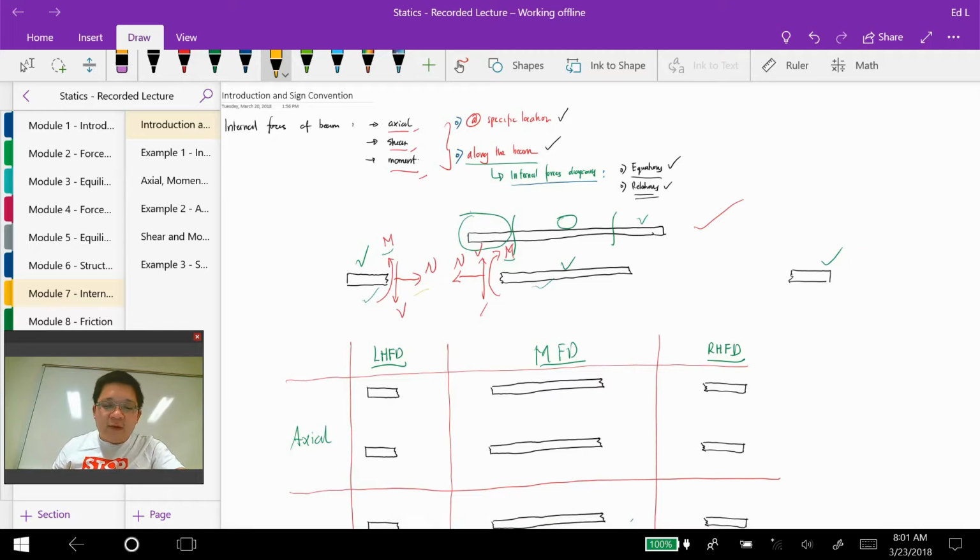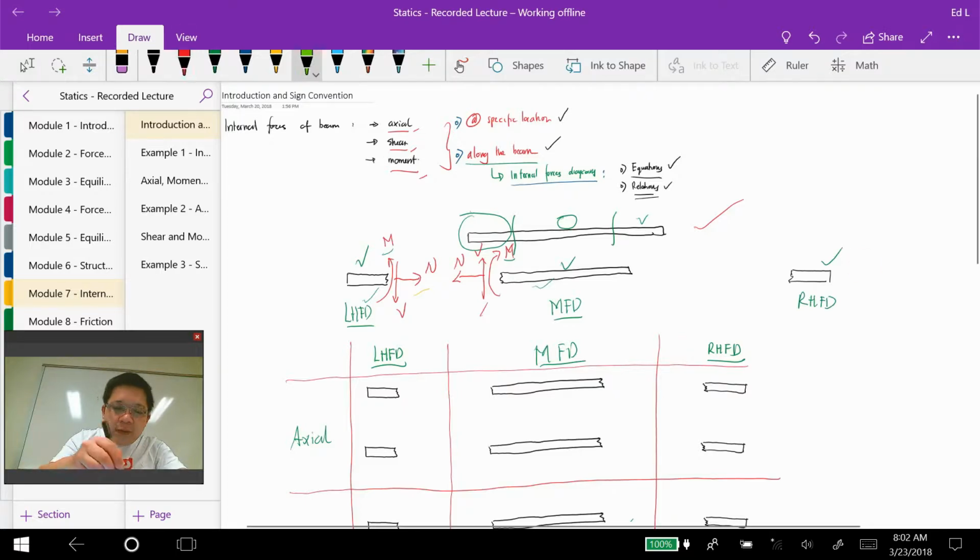In the left hand piece it is going to the right, and on the middle piece, left hand side, it is going to the left, such that when we combine them, they cancel out. I think it's good to call this the left hand free body diagram, this the middle free body diagram, and this the right hand free body diagram.